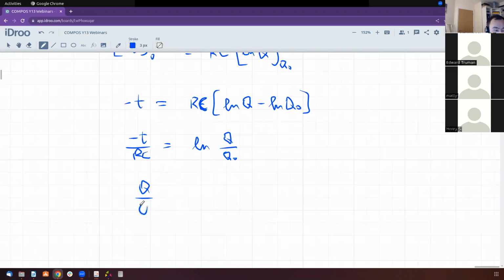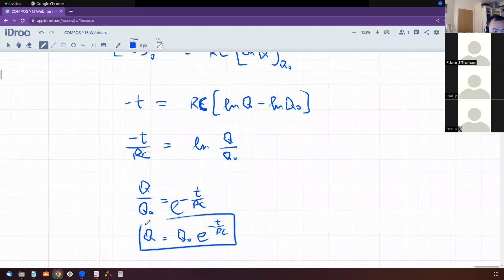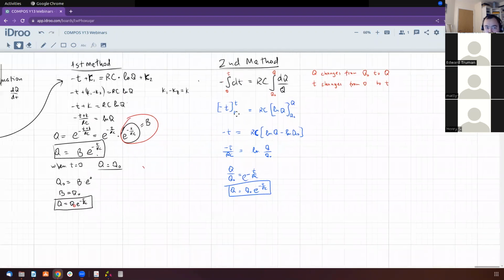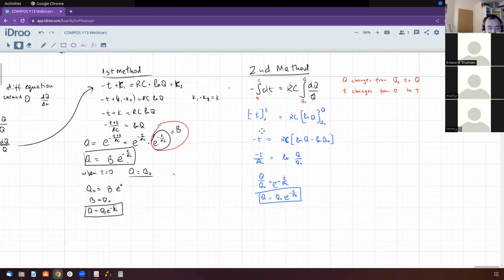So q over q0 is equal to e to the power minus t over RC. Q is equal to q0 e to the minus t over RC. This is it. I think this is a much more elegant solution to the differential equation.